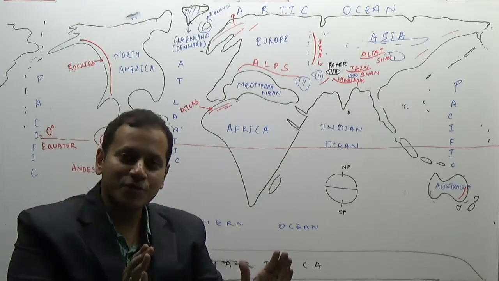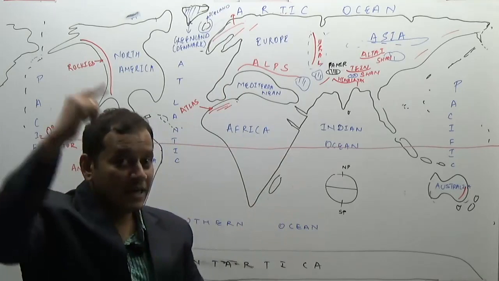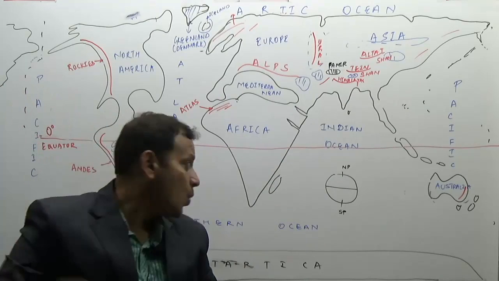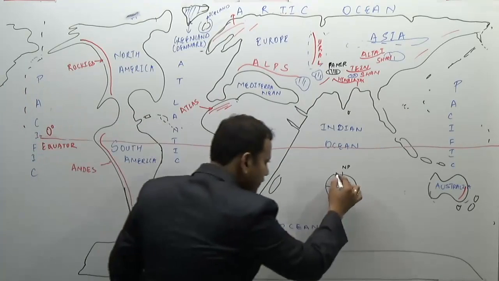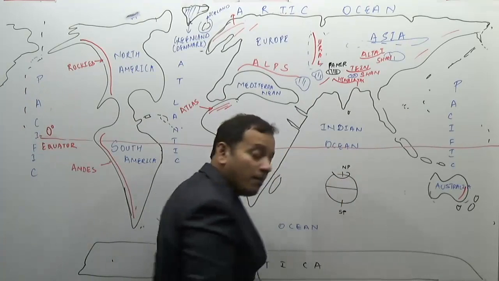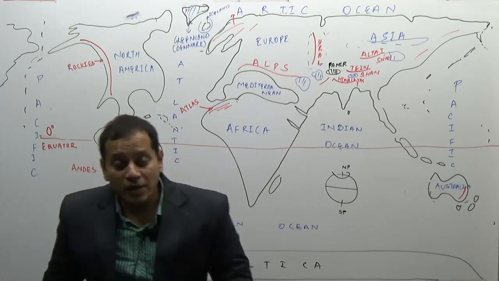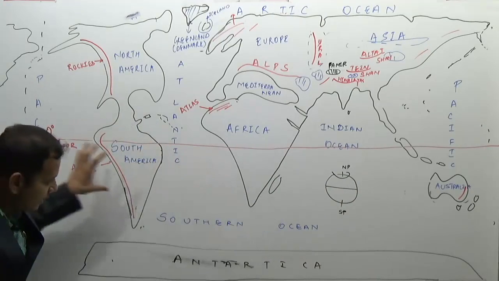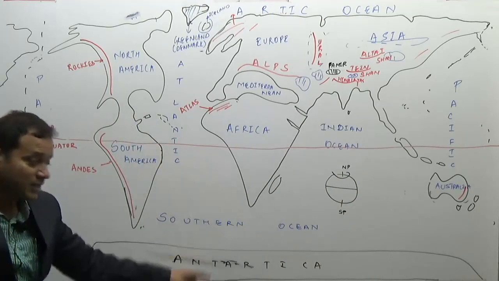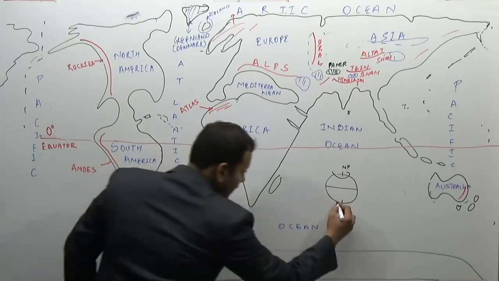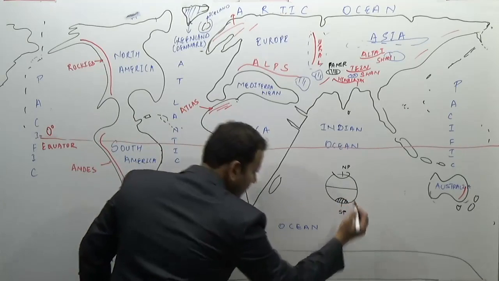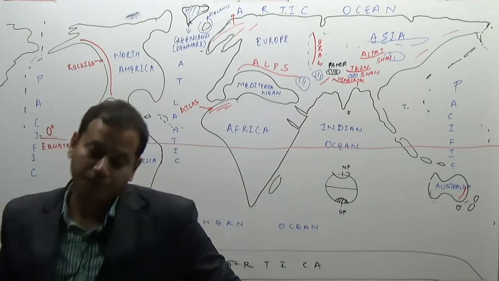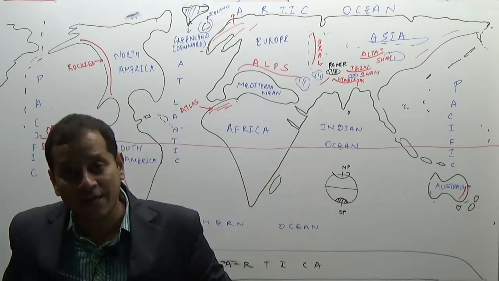On the other hand, the southern hemisphere is dominated by the ocean, but at the south pole there is a presence of land in the form of Antarctica. So this is the feature of the world distribution of land and water.